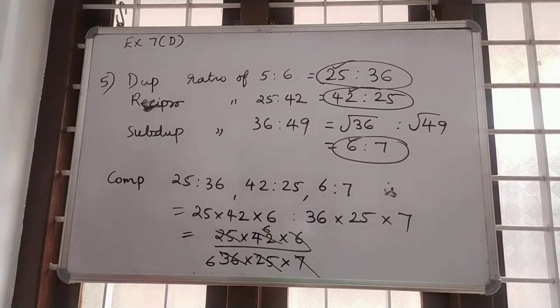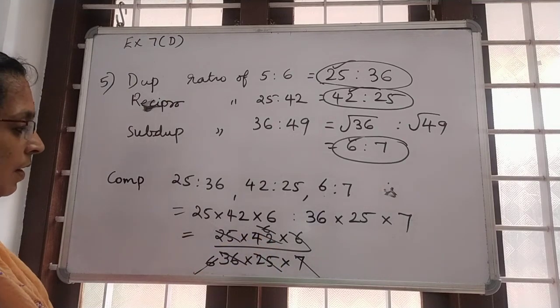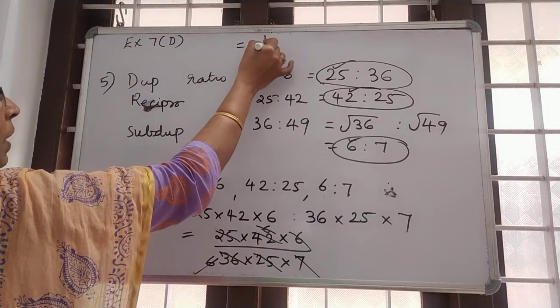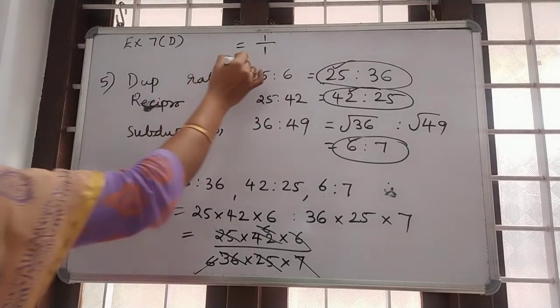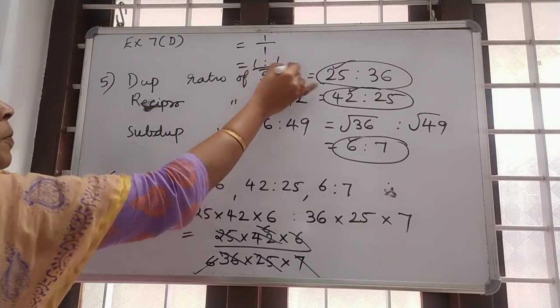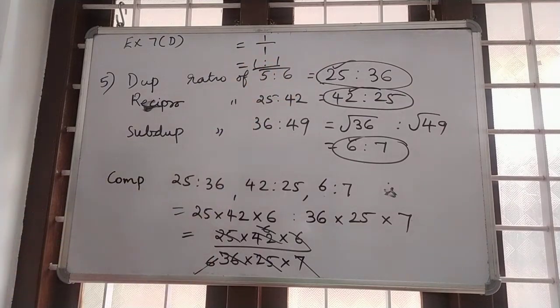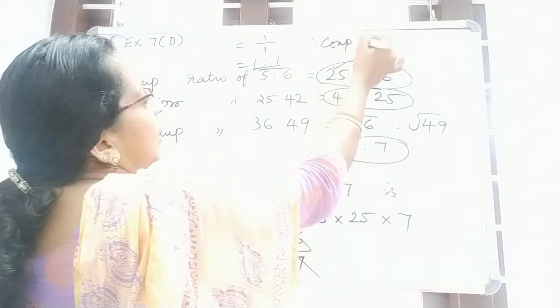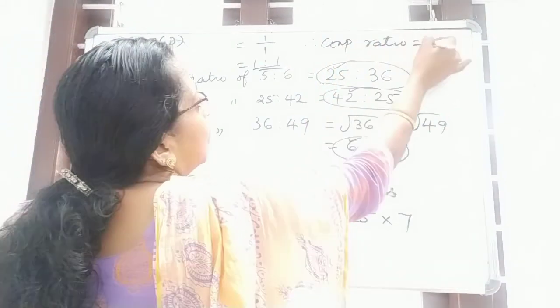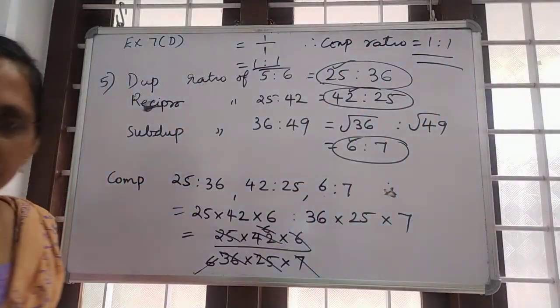Then 6 and here 6 cancel. So it is equal to 1 by 1. So the ratio is 1 is to 1. Last line you write: therefore compounded ratio is equal to 1 is to 1. That is your final answer.